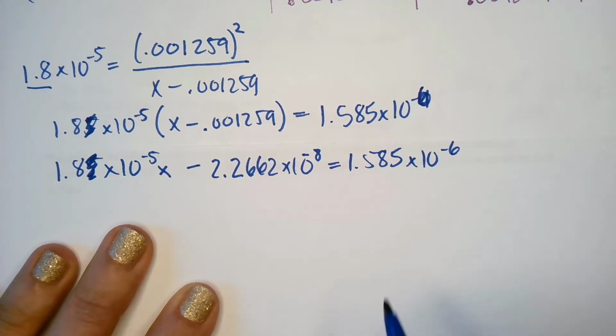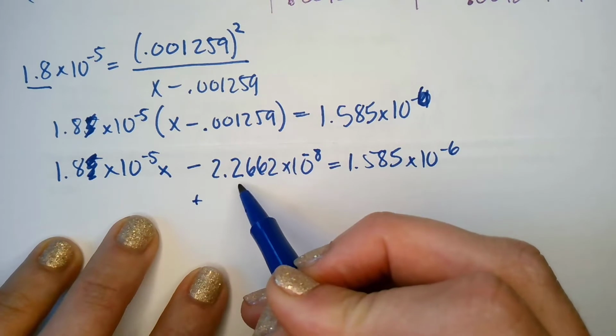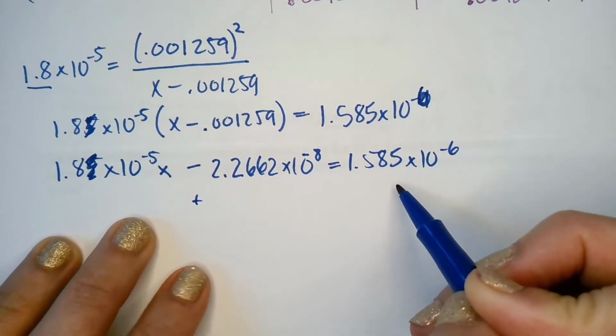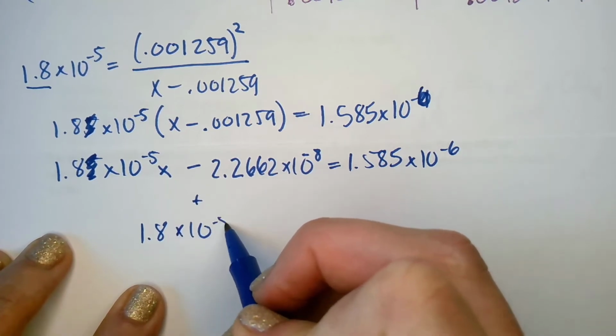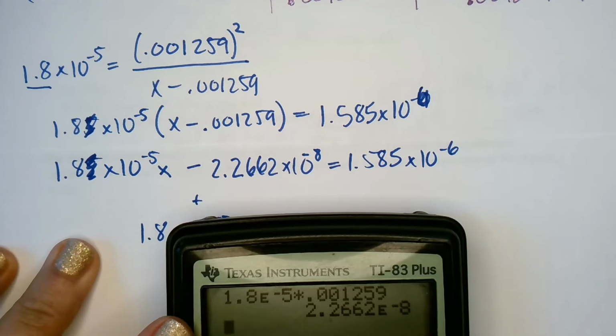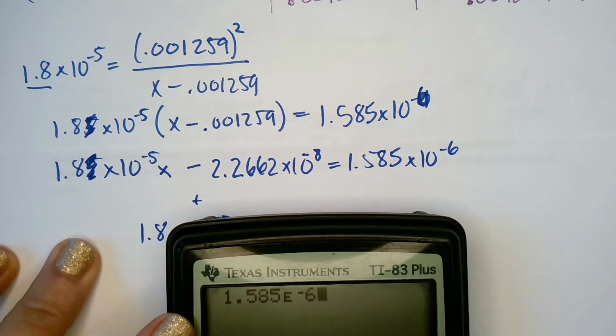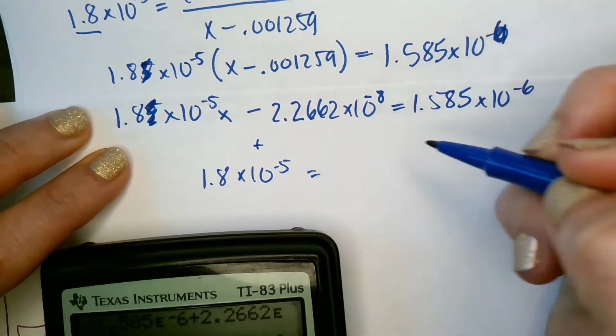All right, let's do some more simplifying. We need to add 2.2662 times 10 to the negative 8th to both sides. So that will leave us with 1.8 times 10 to the negative 5th times x is equal to 1.585 times 10 to the negative 6 plus 2.2662 times 10 to the negative 8.